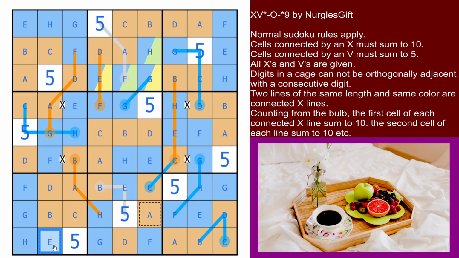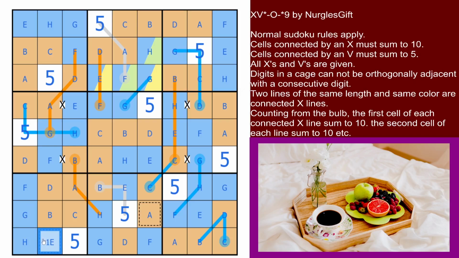And E and G are together, right? So E is not 4. E could be 1, 2, 3. But H. So if E is 1, G is 4.